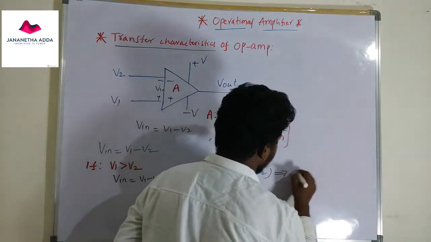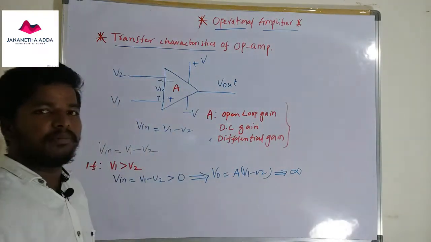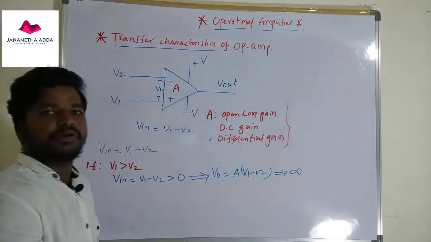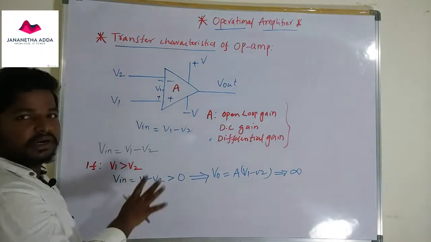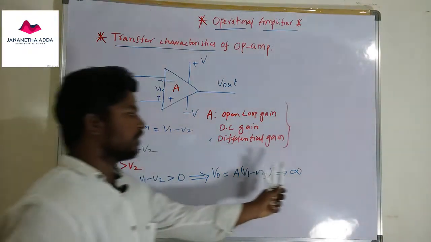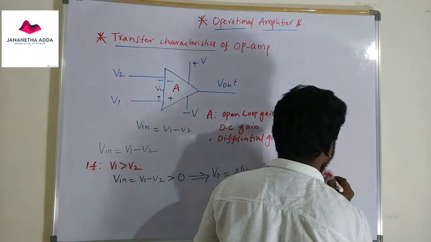It should give an infinite amplitude. So an ideal operational amplifier should provide an infinite output when V1 is greater than V2. This is an ideal case.